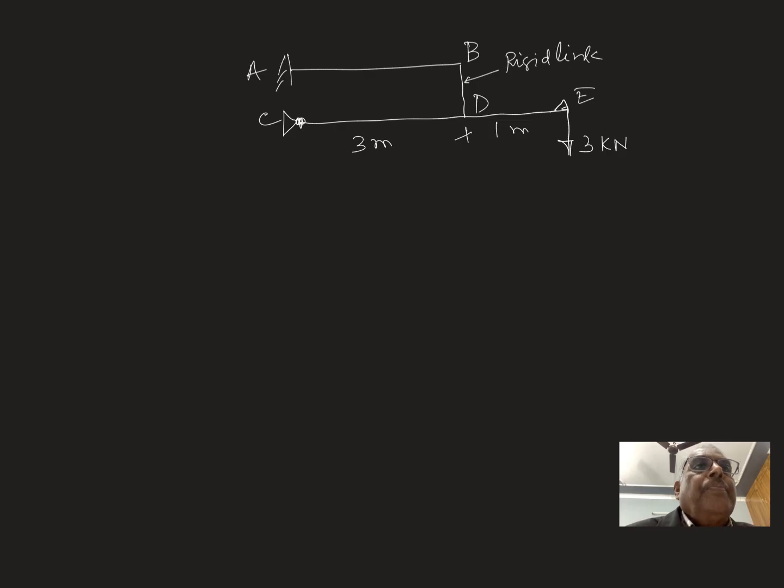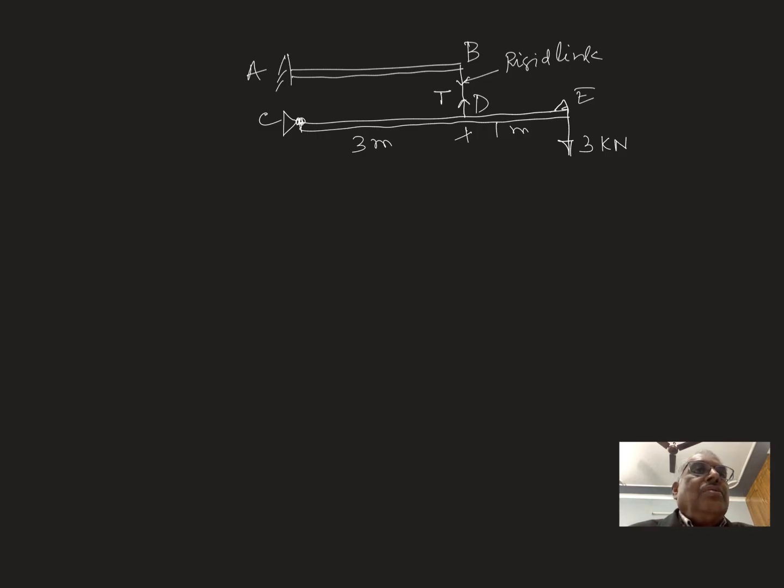This is not the beam. Suppose this is the beam, so this is the link, a rigid link. If the load is here, there will be tension in this. So you have to make tension like this. Say T is the tension in that.